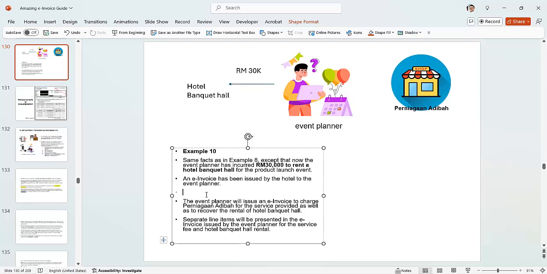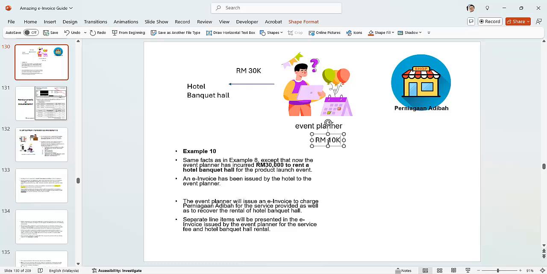And then an e-invoice is sent to the event planner. After the event is completed, the event planner issues an e-invoice to the client for the service provided as well as to recover the hall rental. So that means there are two lines. Let's say the event planner is charging another 10,000 as a service fee.